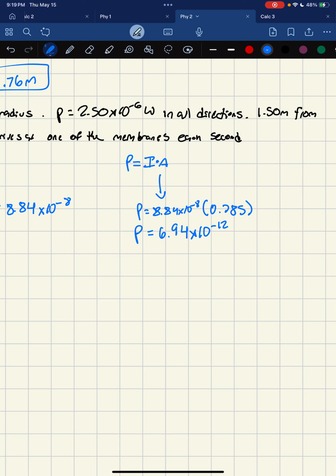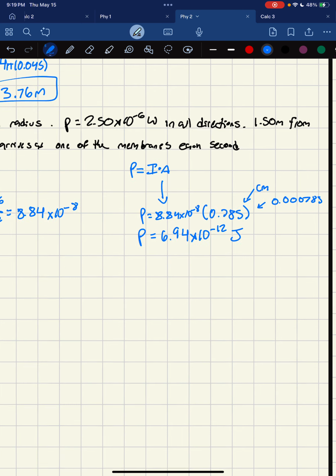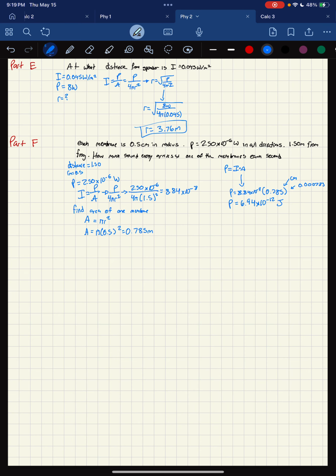And then I have to convert this, because this was in centimeters, so I have to convert this into meters. So 0.00075. Yeah. I get negative 12. And then this is in joules, it's sound energy. Okay, and that's it.